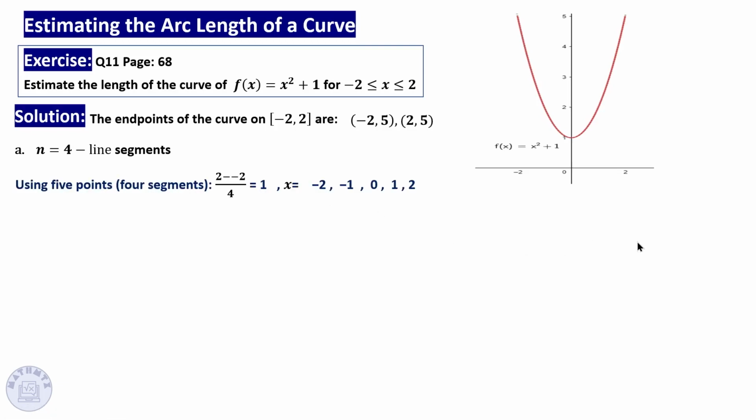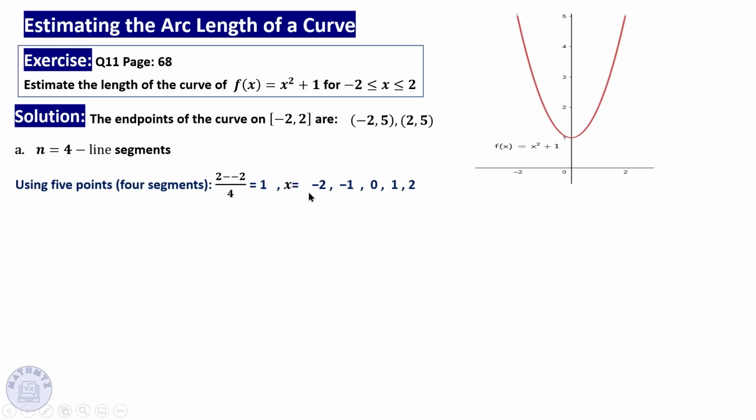The question provides that the number of line segments here is 4. This means we need to find the length of the interval and then divide it over 4. So b minus a, where b is 2, minus -2, is 4, over 4, and this gives us an interval of length 1.